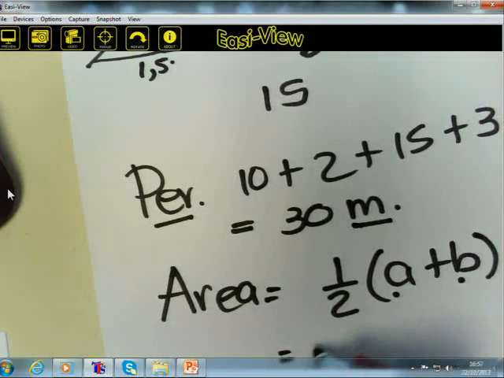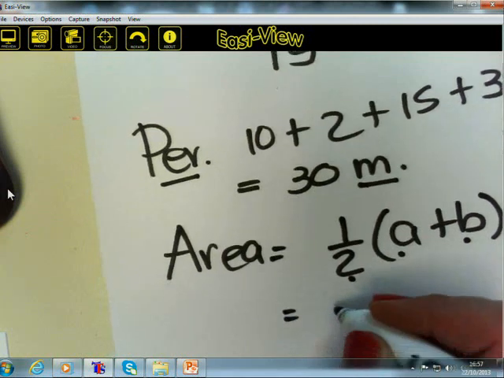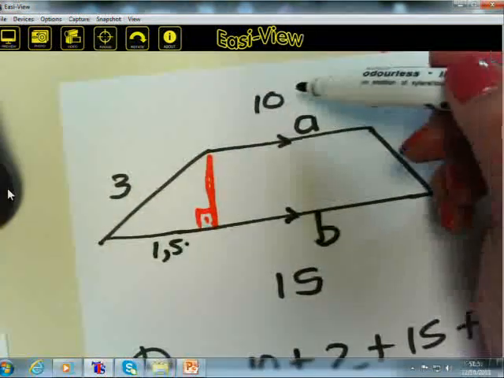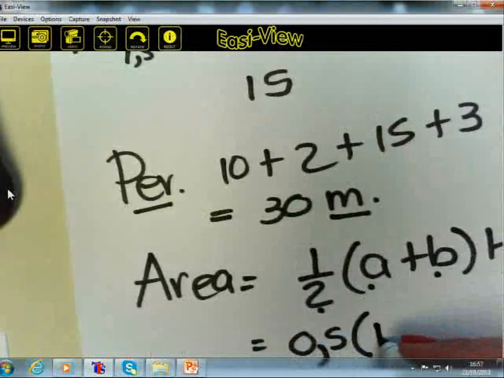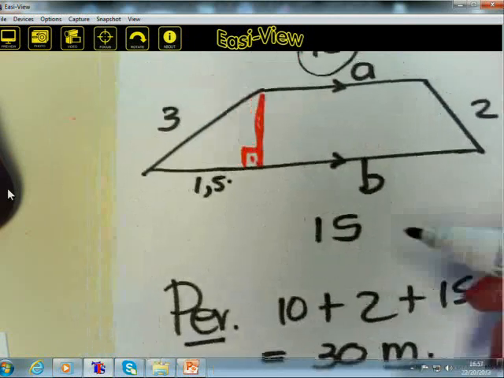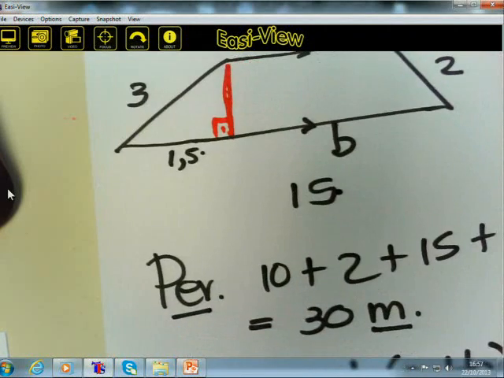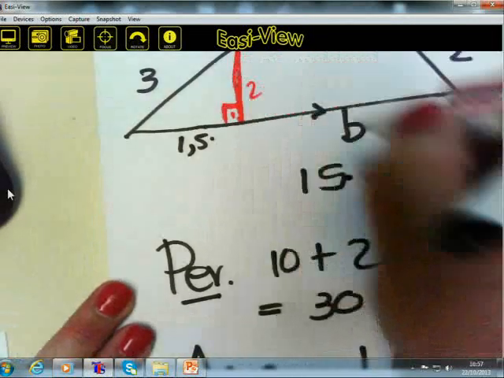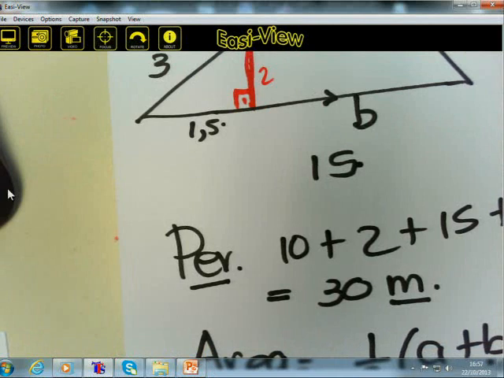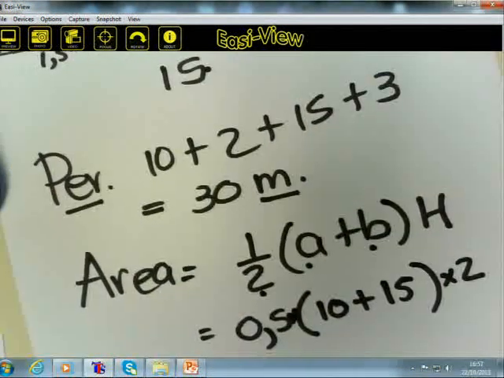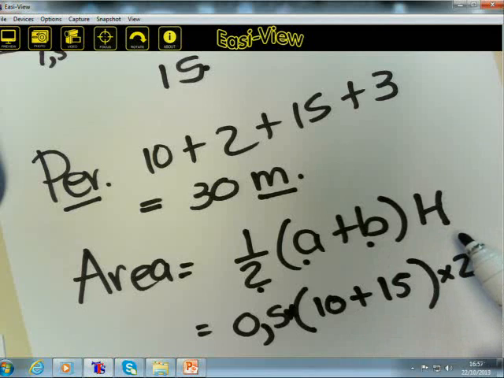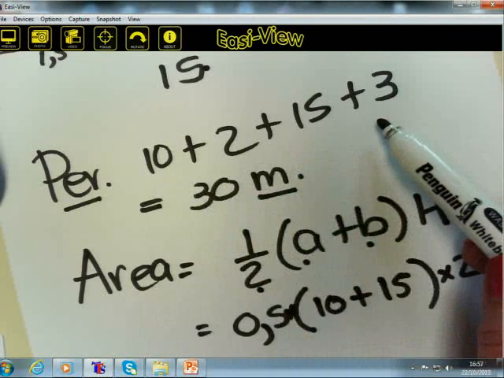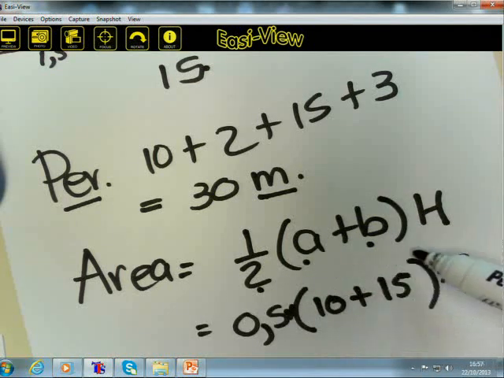If they don't give it, then half, we rather use the decimal number for a half, 0,5 times the A was 10, plus the B was 15, and the perpendicular height is that one. Let's presume it was 2 in this case, so then you will multiply it with 2. So this formula will be given to you, the area of the trapezium. Not the perimeter, that one you will have to do yourselves. But the area of the trapezium can be done by this.